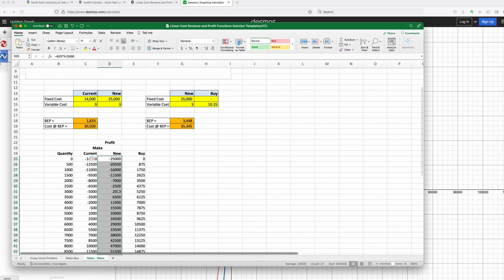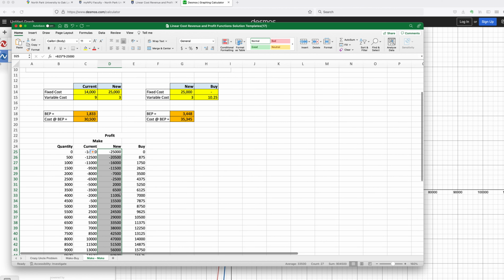But it becomes profitable very quickly because the margin now is so high. So it is advantageous between 2,500 and 3,000. What did we say? It's actually 1,833 is here. I'm losing less money at 2,000.